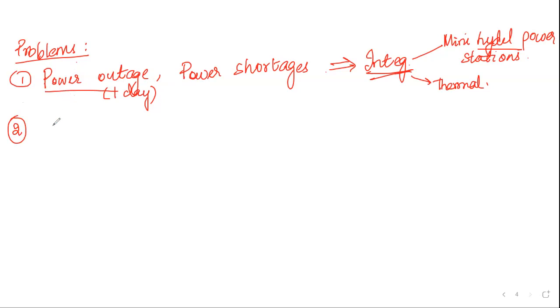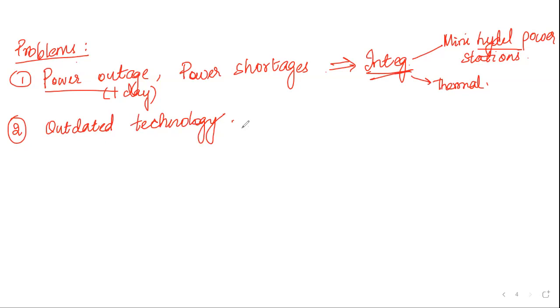The second thing is that the Bayer's process and Hall-Héroult process are very age-old processes. The chemical technology involved in it is pretty old. It is outdated technology.